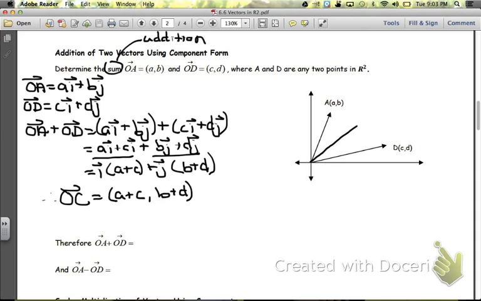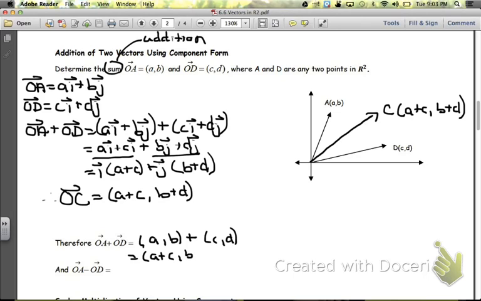In our visual here, this would be our C, which is (A plus C, B plus D). So therefore, OA plus OD is equal to AB plus CD, which is equal to (A plus C, B plus D). And similarly, OA minus OD would just be AB minus CD, which is equal to (A minus C, B minus D).